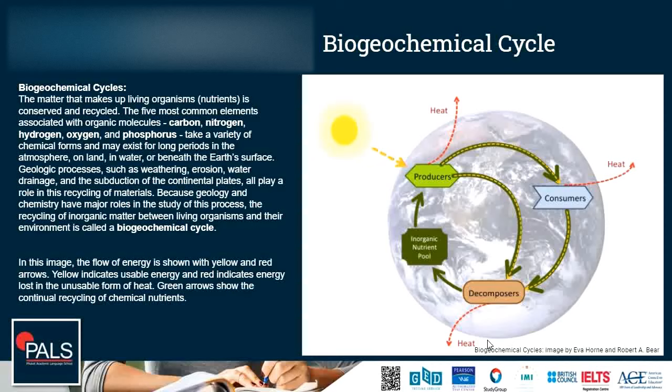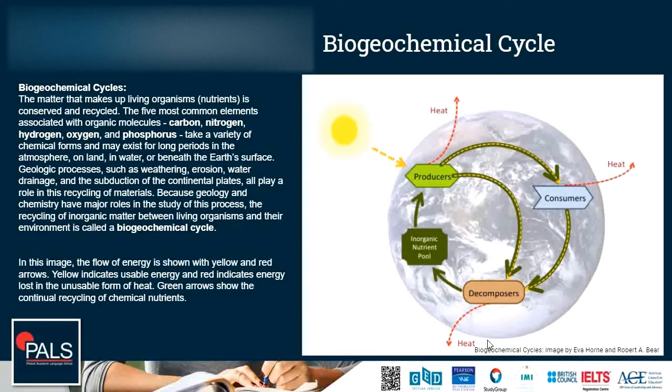Looking at specific elements, we can track the route they take through organisms, and as well through the non-living part of our environment, which will be the geochemical part of the cycling, basically.